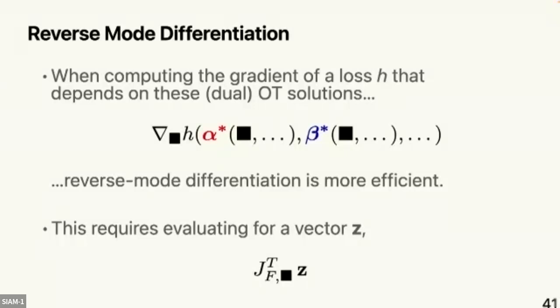And so if you want to compute this gradient with respect to parameters that are themselves injected into the optimal transport computations, what you need to provide the algorithm with, in the spirit of backprop or reverse mode differentiation, is to provide an operator that, given a z, can apply the transpose of the Jacobian of this optimal transport solution with respect to the square.